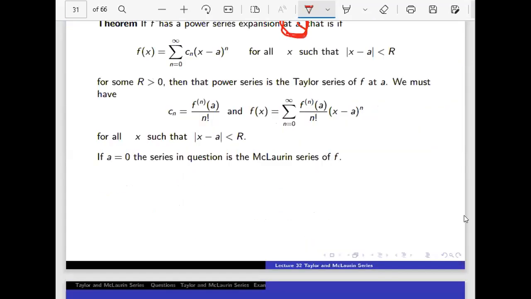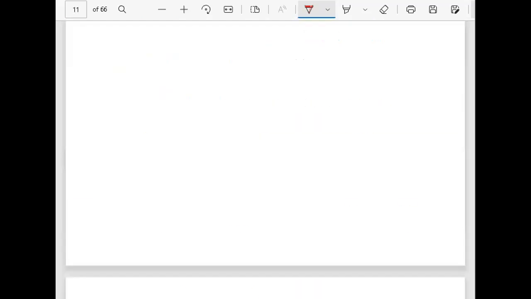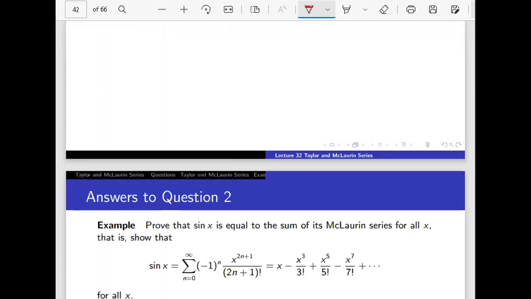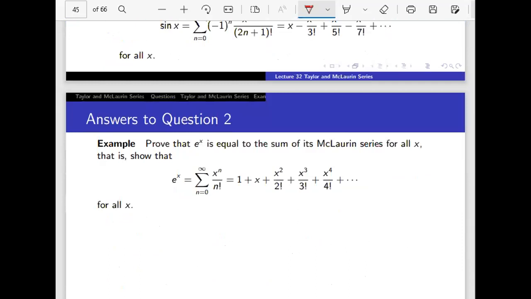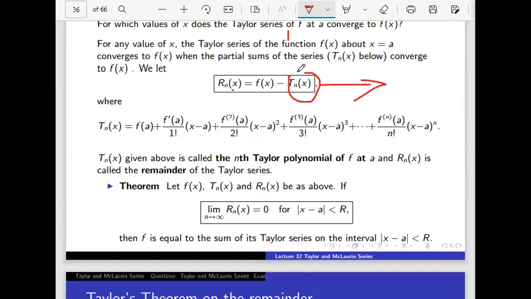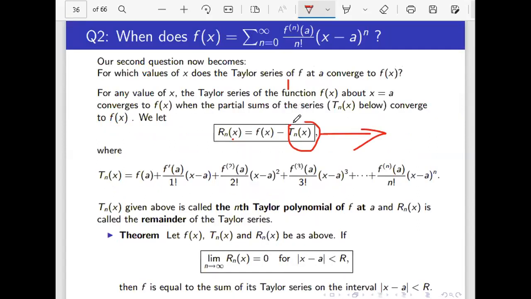Let's look at the notation. This is called the Taylor polynomial. That means you cut down this infinite series from n plus 1.